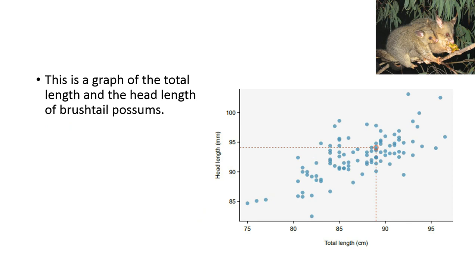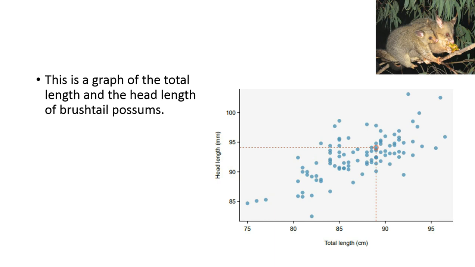Okay, so we have this graph here, which has the brushtail possums. It's the total length along the x and the head length along the y. Okay, and so you see this is showing one individual point. So with the total length about 89 centimeters, its head length would be about 94 millimeters, around there.